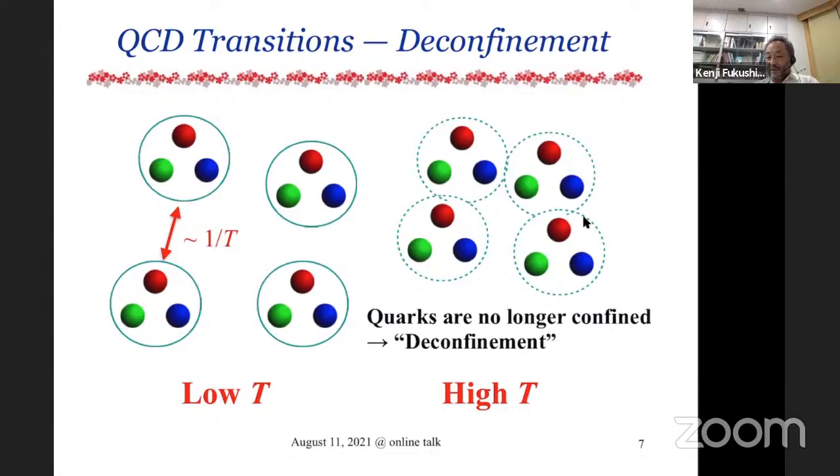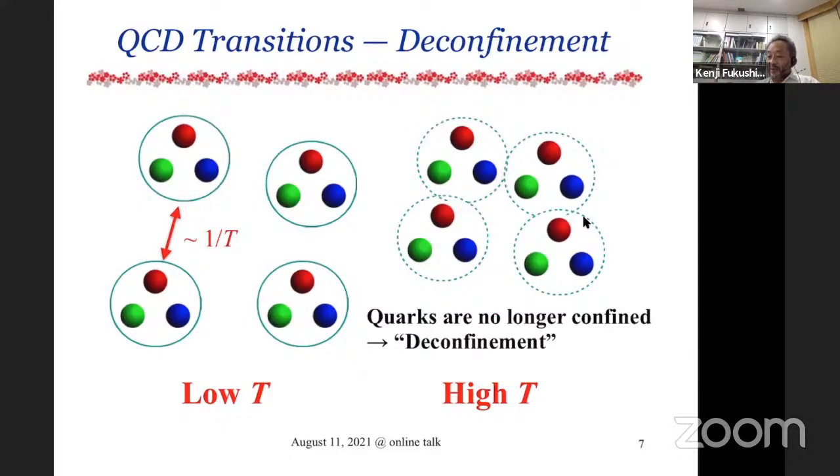The interparticle distance is usually given by 1/T, and the hadron size is given by lambda QCD, which means that when this temperature scale becomes comparable to lambda QCD, they start having some overlapping, and the hadron boundary loses its clear definition.